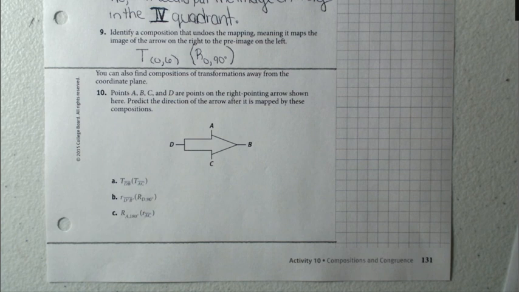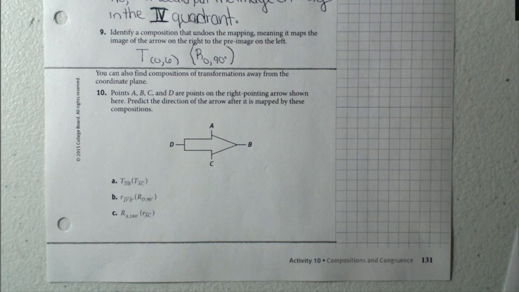A. It's going to do a translation of DB and a translation of AC. B says it's going to do a rotation of D prime B prime after it does a rotation about the point D 90 degrees.